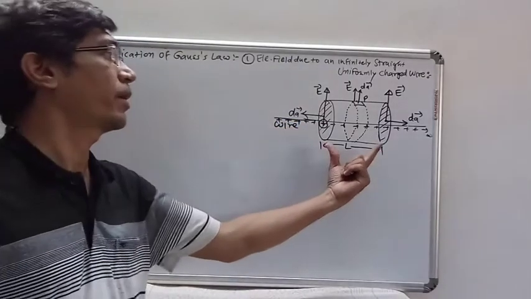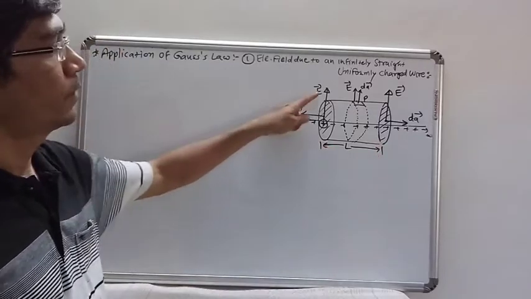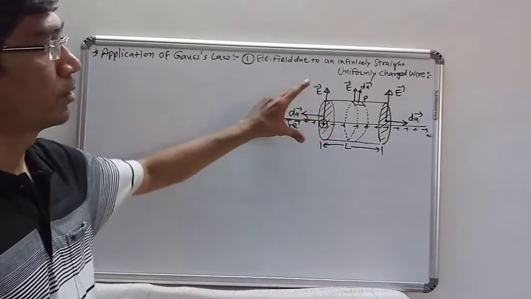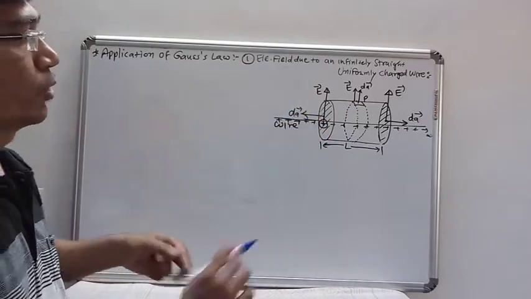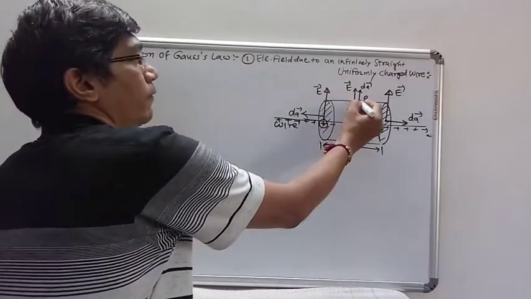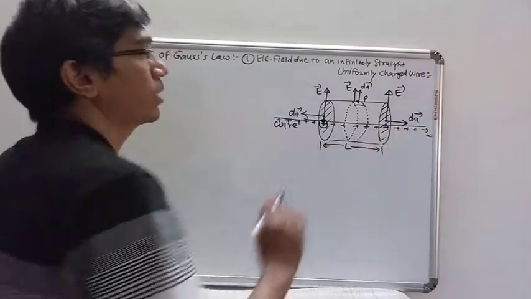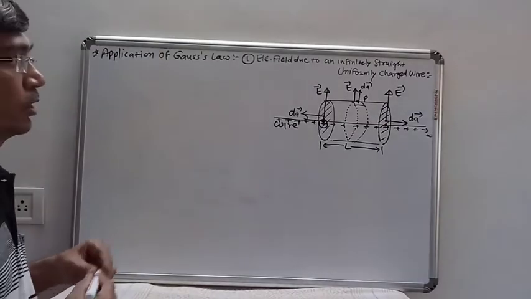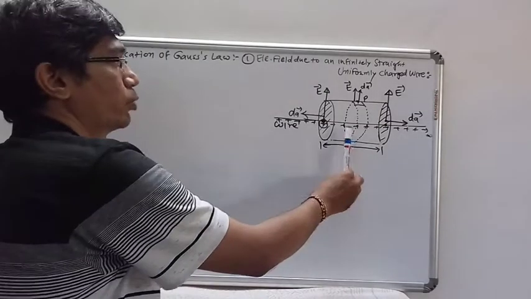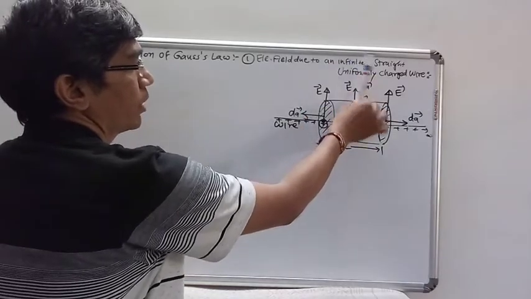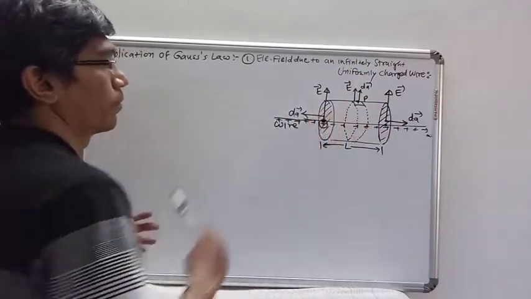One part of the wire is given here, and we have drawn one cylindrical surface, which is the Gaussian surface. At point P, what is the electric field, and at these two opposite points, what is the electric field? The electric field due to the positive charge is in the outward direction.